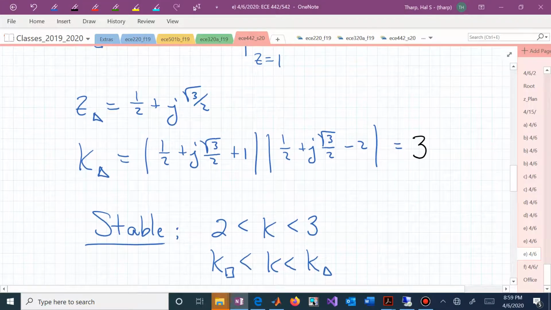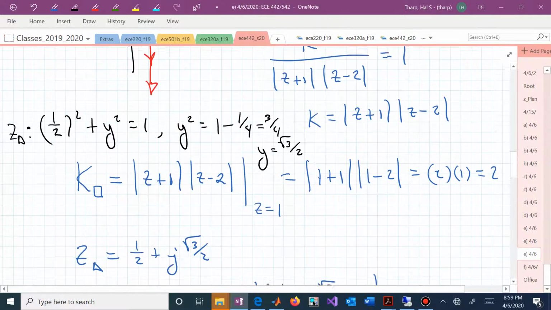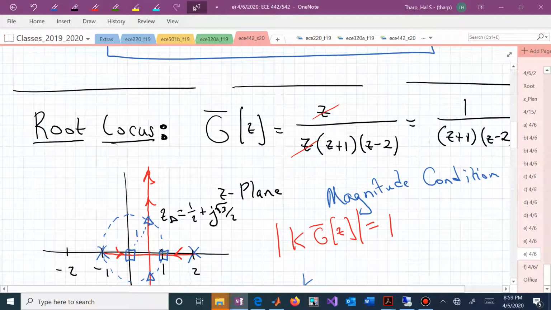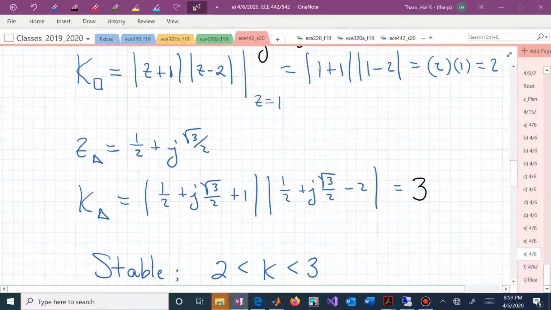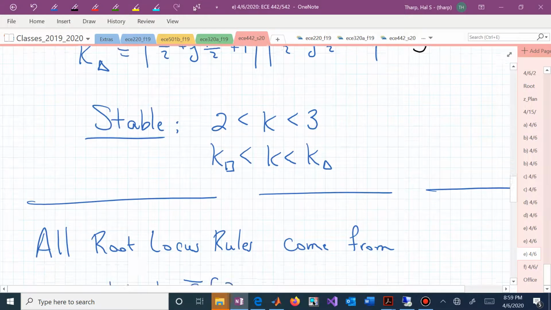So our system now is stable if we crank up the gain k from 2 to 3, and that's from k box to k triangle. This particular example, using the generalized notation of our G bar, allowed us to use the magnitude condition to determine the range of values of k that allow the closed loop system to remain stable.